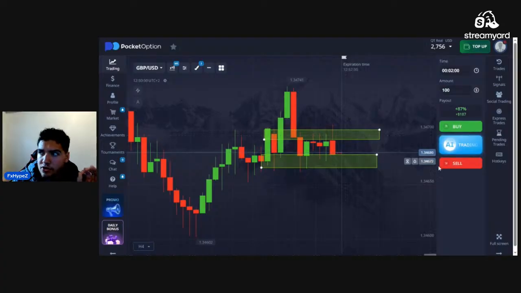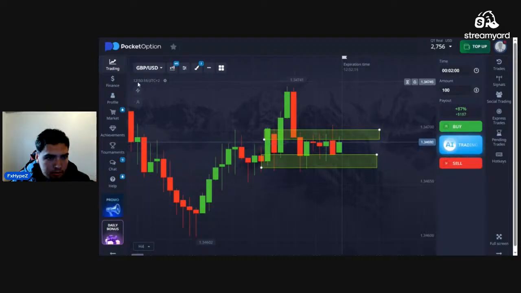But like I mentioned earlier, there could be a little more to the AI. I think if you combine it with other confluences, maybe opening trades using the AI on whole numbers instead of random seconds.